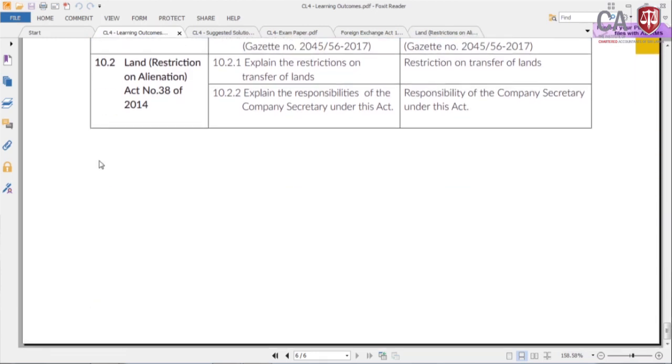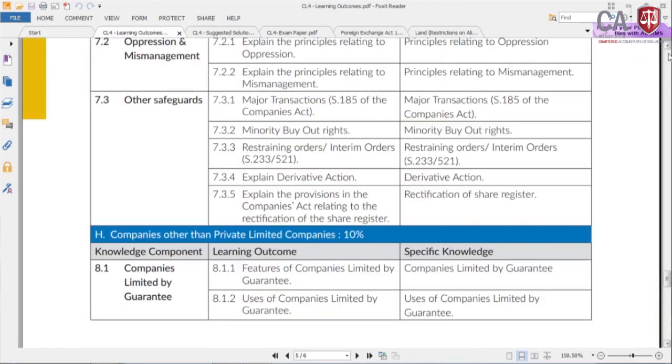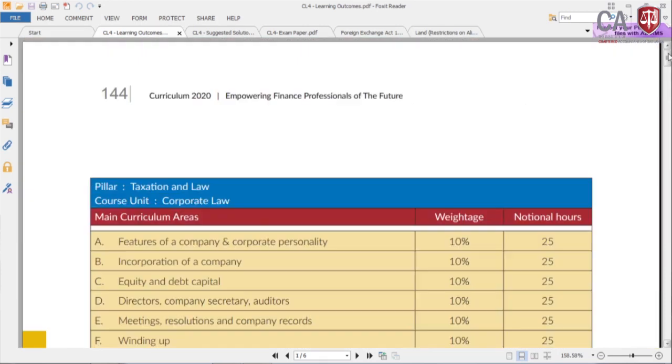So these are the learning outcomes which you need to obtain knowledge of, having gone through the curriculum, which continues even for your exam this time.